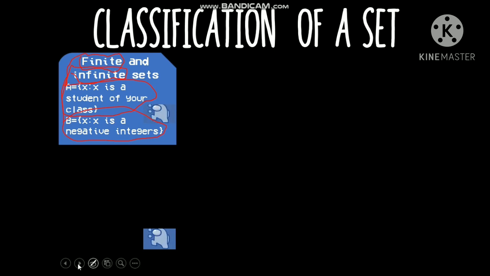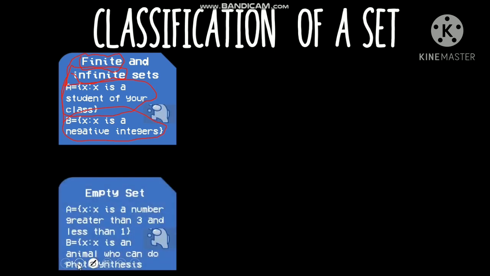Okay, the second classification of set is empty set. The set A: there is no such number which is greater than 3 and less than 1. Okay, we know that there's no number greater than 3 and less than 1.